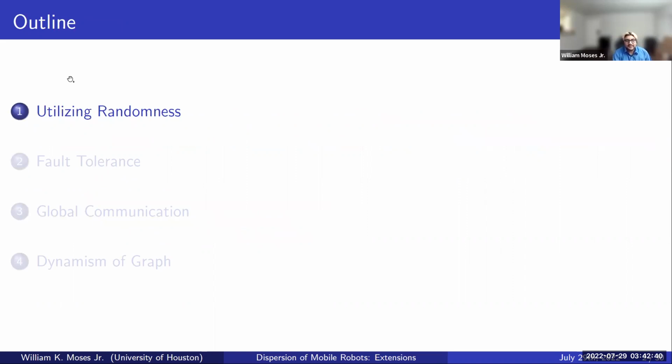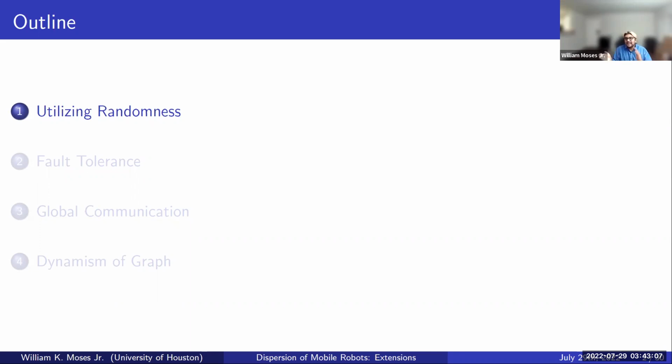The first is that all the algorithms Anisur talked about earlier were deterministic in nature. Now, some algorithms are actually randomized algorithms. Another extension is fault tolerance, where some of the robots can either crash, or they can be Byzantine in nature.